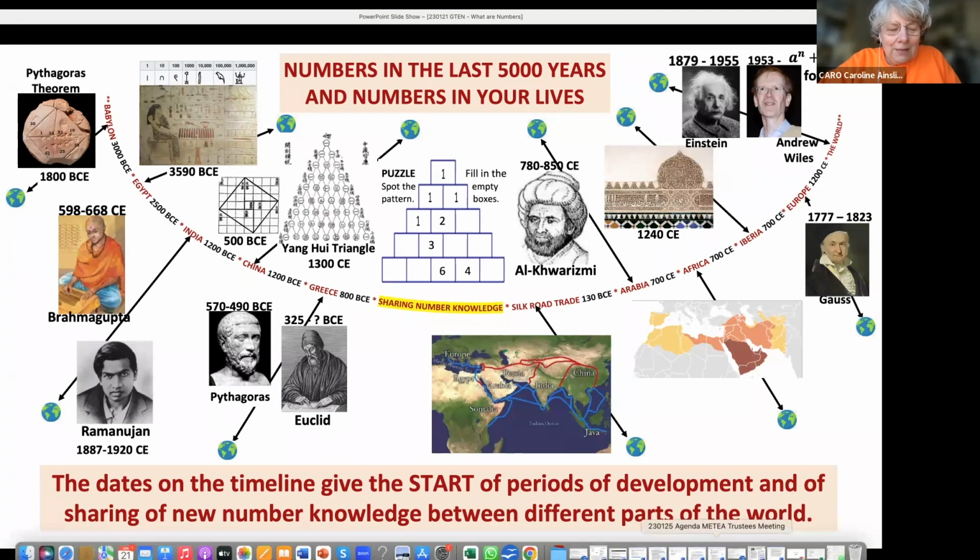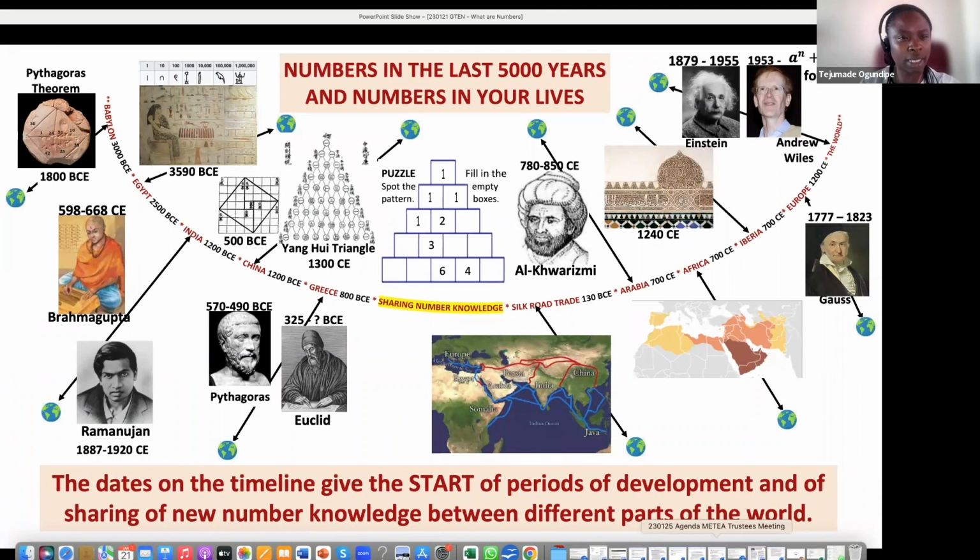So looking at this, we want to look at numbers in the last 5,000 years and the numbers in our lives. There are a lot of things on this slide alone. The date on the timeline gives the start of a period of development and of sharing of new number knowledge between different parts of the world.